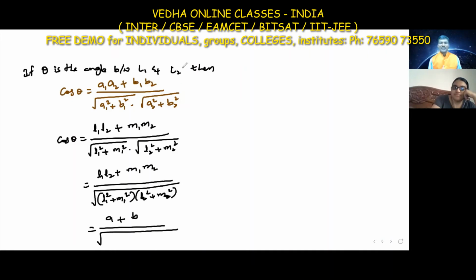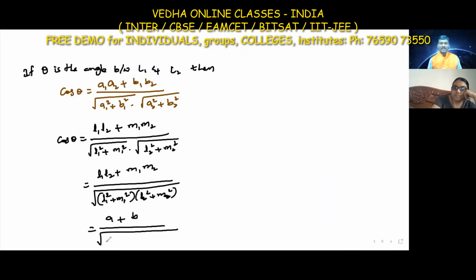How am I multiplying? Again L1 square into L2 square, L1 square into M2 square, M1 square into L2 square, M1 square into M2 square. If you multiply like that, what do we get here?